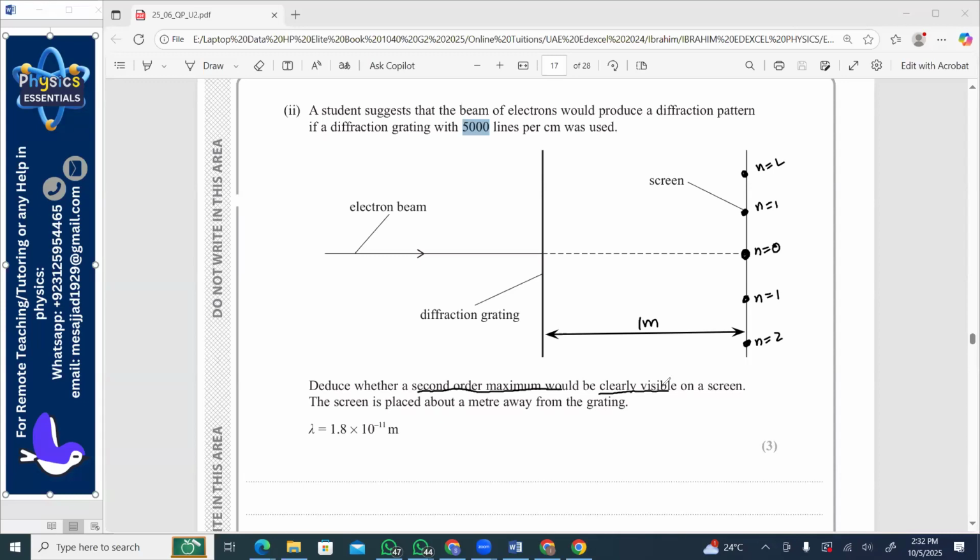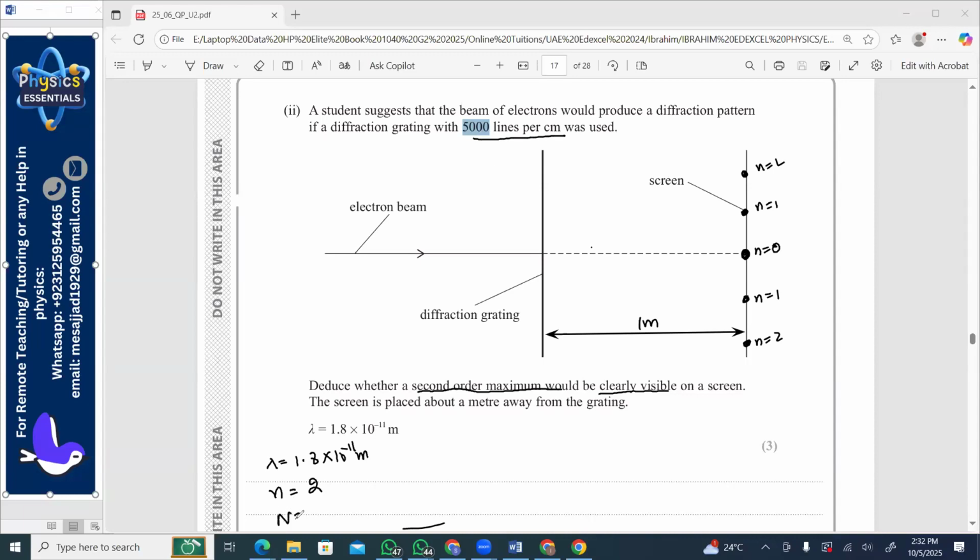Just remember one thing. What is the wavelength that you have? Wavelength is 1.8 into 10 raised to the power minus 11 meters. Then n equals 2 is the second order they're talking about, right? And the number of lines per centimeter, not per meter.